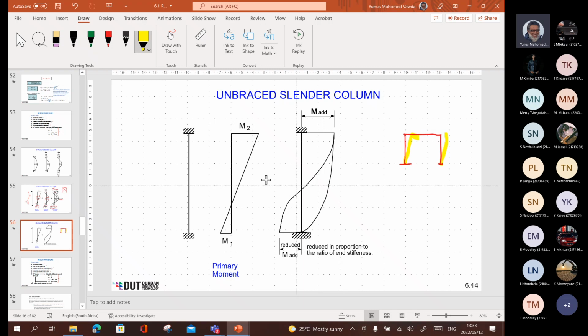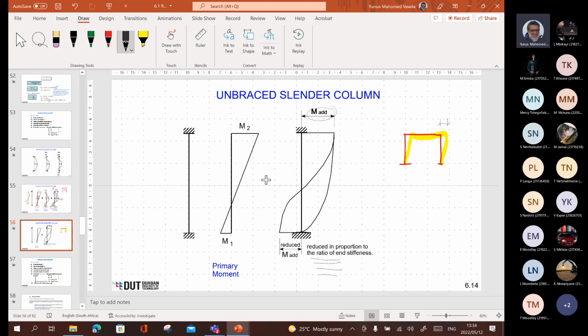And of course, what I'm trying to show you is that all the deflection is on one side. All right, so if you look only at the sway, you can see that your bending moment's on the outside and that you're adding, so M on the top gets added up and M1 at the bottom is reduced in proportion to the ratio of the end stiffness.